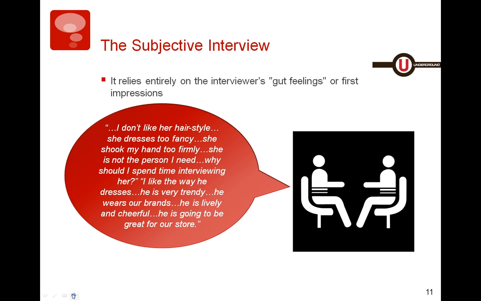For example, I don't like her hairstyle, she dresses too fancy, she shook my hand too firmly, she's not the person I need. Why should I spend time interviewing her? Or conversely, you might have this kind of situation. I like the way he dresses, he's very trendy, he wears our brands, he's lively and cheerful, he's going to be great for our store.